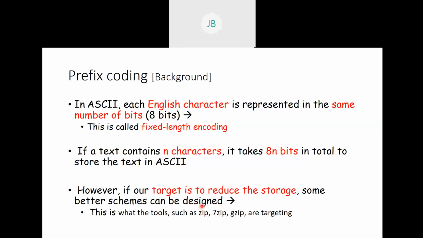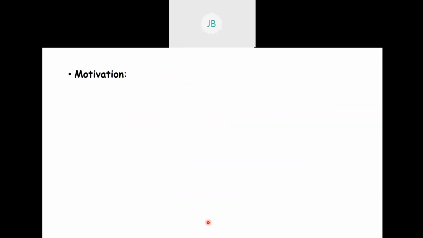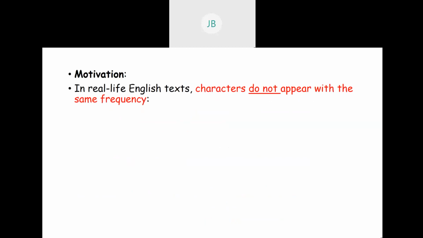For example, we may zip those files. There are different zipping schemes to compress the size of the file during transmission or storage, and then we unzip it at the receiver, where we get back the original data. So we will see some better ways of doing this.